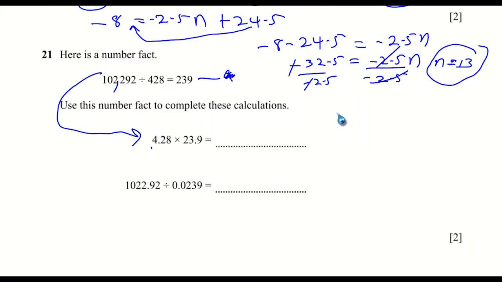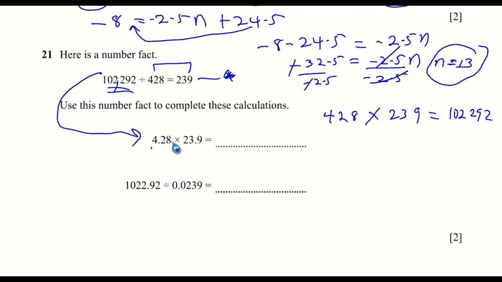So that means, according to the number fact given, 428 multiplied by 239 should give us 102,292. When you multiply this by this, you should get this. But now what do we have here?